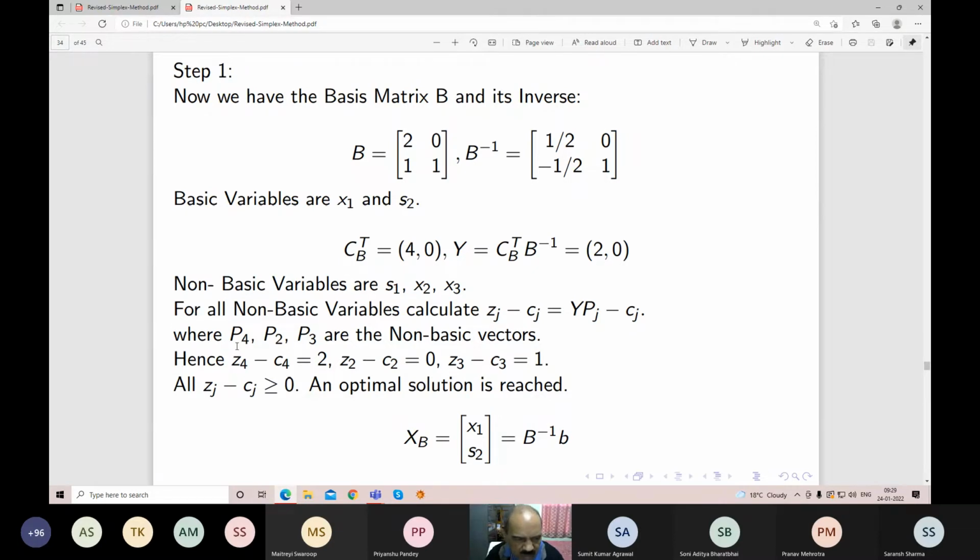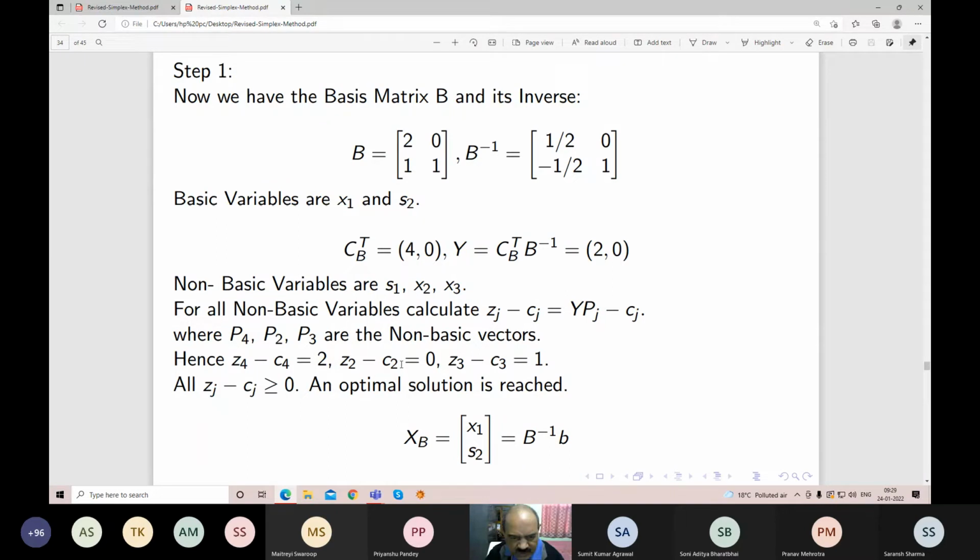So this is becoming like this. Z2 minus C2 is becoming 0. Z3 minus C3 is becoming 1. Z4 minus C4 is becoming 2. As a result, what you are finding? All the elements are either 0 or positive.